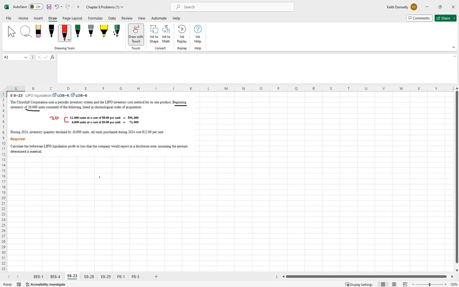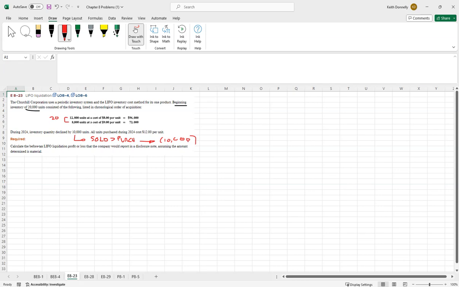They say here, per the facts, that during 2024, inventory quantity declined by 10,000 units. So what this really is saying is that during the period, what we sold is going to exceed what we purchased, and it would be basically negative 10,000 units. That was how much it exceeded it.